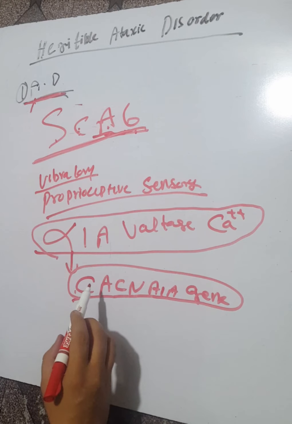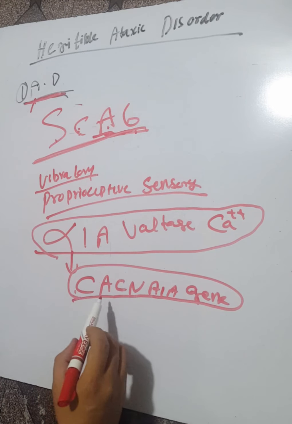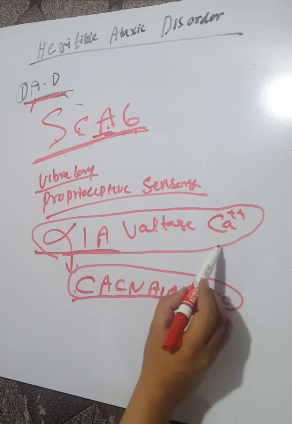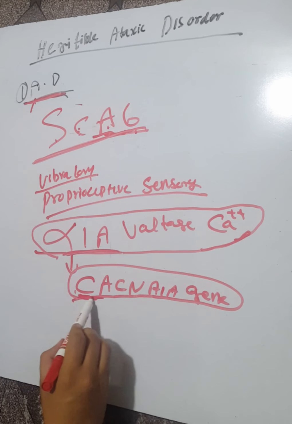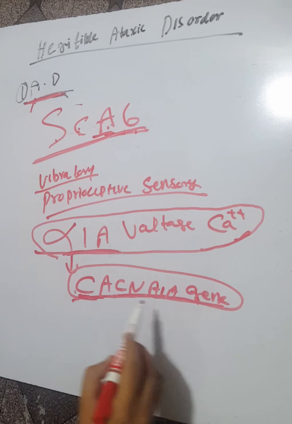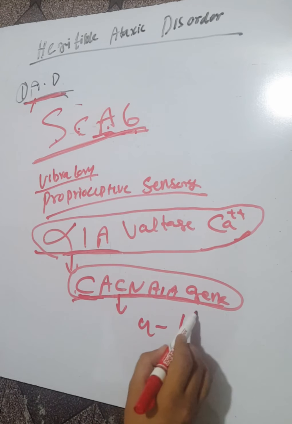In the normal population, the CAG repeat sequence in the CACNA1A gene, the alpha 1A voltage-dependent calcium channel, is 4 to 16.